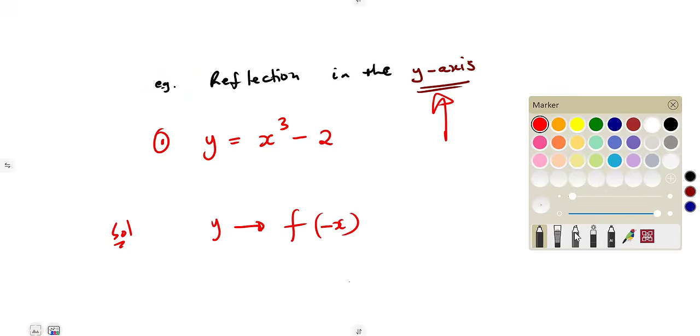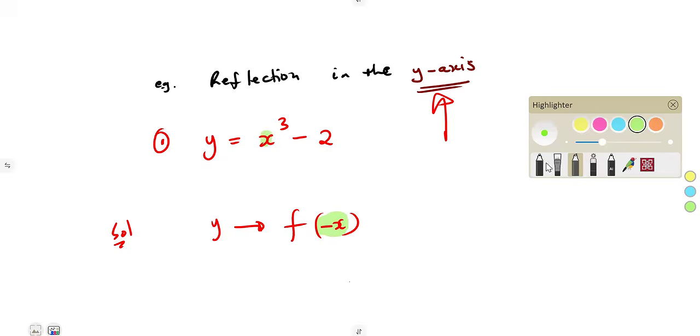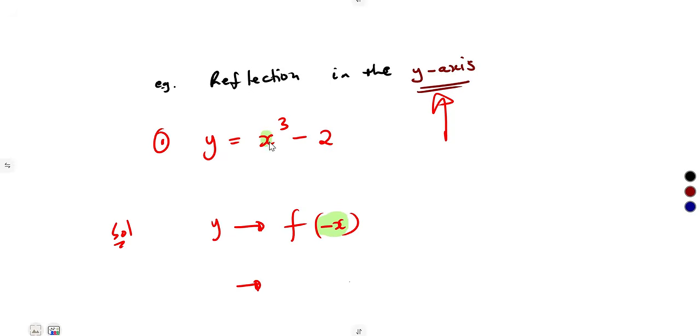Remember this concept, f of what? Minus x. In place of x, put minus x. So where we see the x is going to be minus x to the exponent of 3, minus 2.